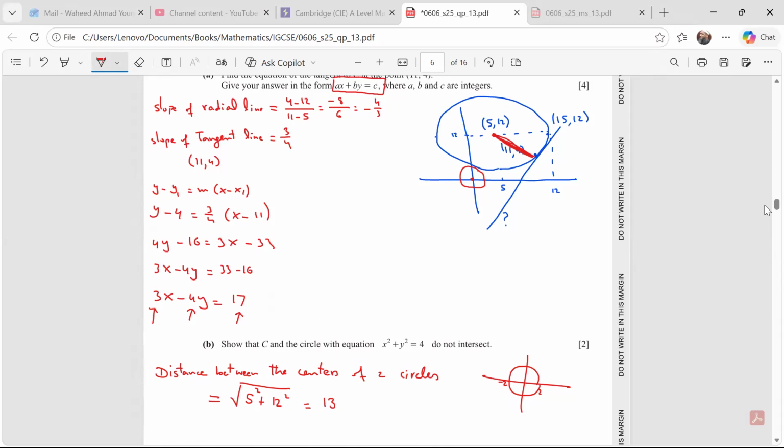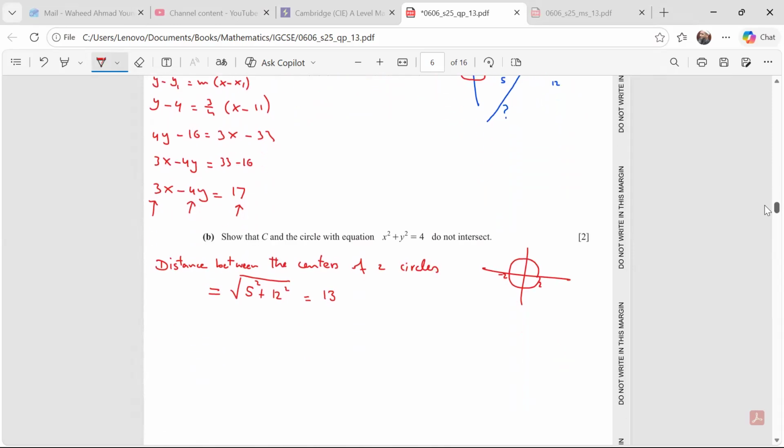The radius of one circle is 2, and the other radius, remember, was 10. And the distance between them is 13. So of course they will not be intersecting each other. Makes sense?